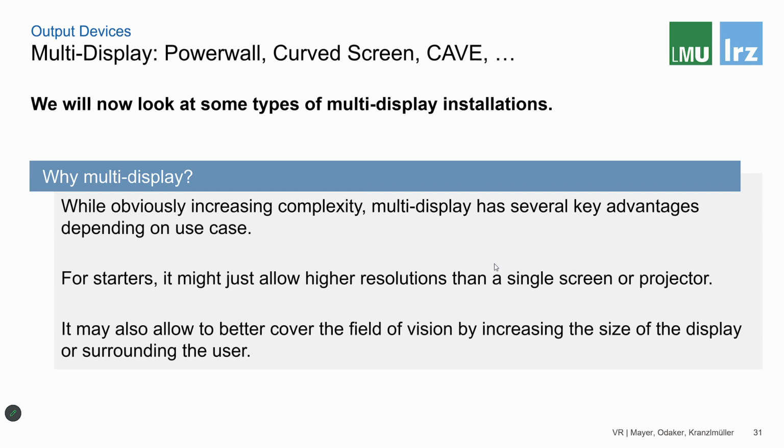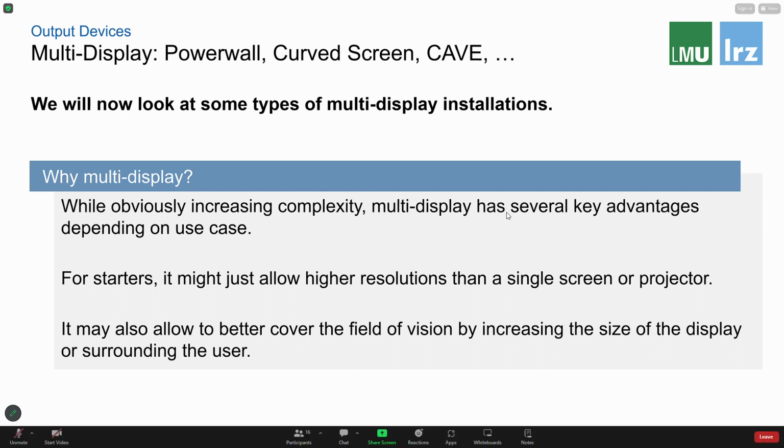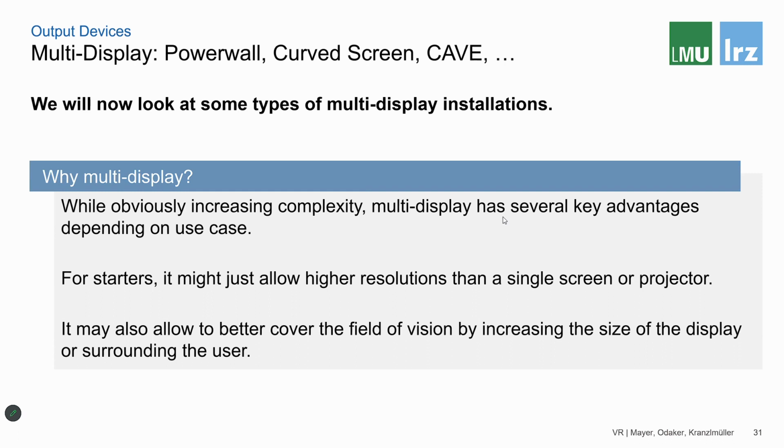First of all, resolution. Single image devices are usually limited in resolution to what the technology can do. So a single screen, if you buy like a TV or something, then you get 4K, maybe 8K. If you have a projector, that usually has a fixed resolution, and if you want a bigger image, you can put it further away, put a different optic in it that scales up the image, but it doesn't change the resolution.